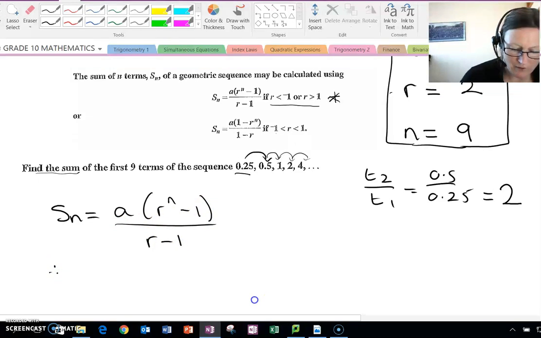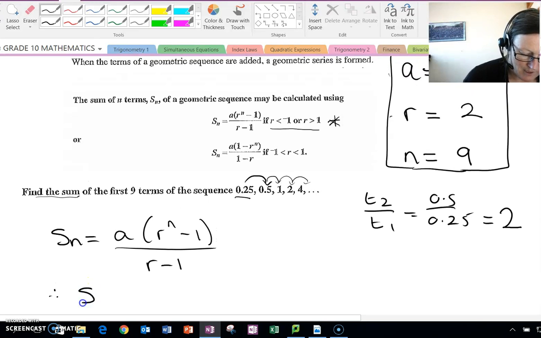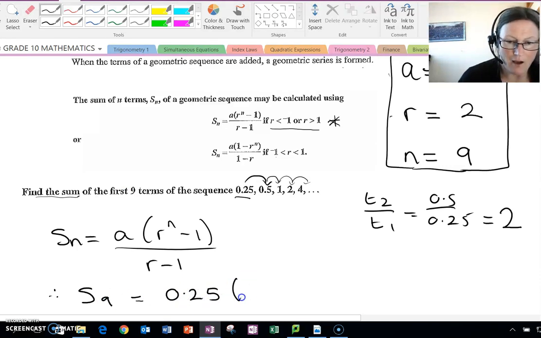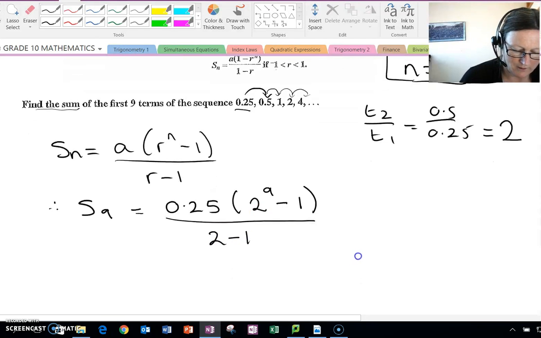So now it's a matter of substituting in the information that we have. So the sum of the first 9 terms is equal to a, which is our first term, times r, our common ratio, raised to the power of 9, because n is 9, subtract 1, divided by r, being that common ratio, 2 subtract 1.